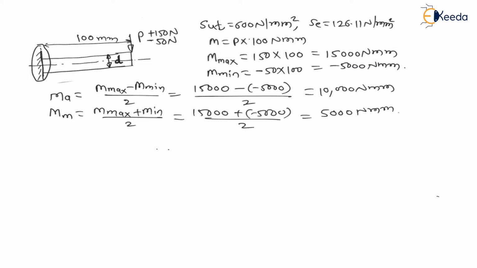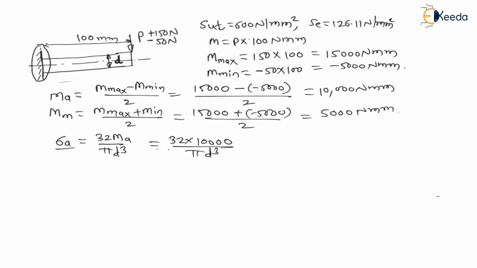Now if you want to find stress amplitude, for bending stress, as it is a circular cross section, the bending stress is equal to 32 M upon pi d cube. This is the formula for finding bending stress. For stress amplitude, I use the bending moment amplitude: 32 into 10,000 divided by pi d cube.